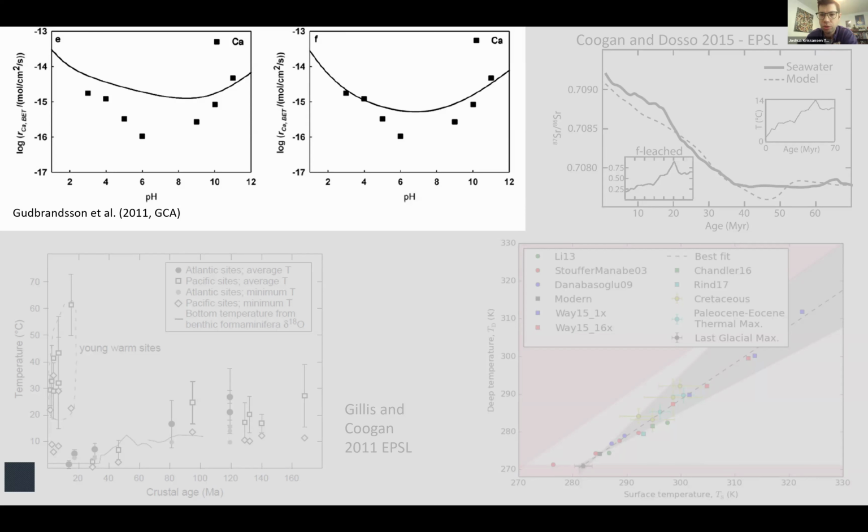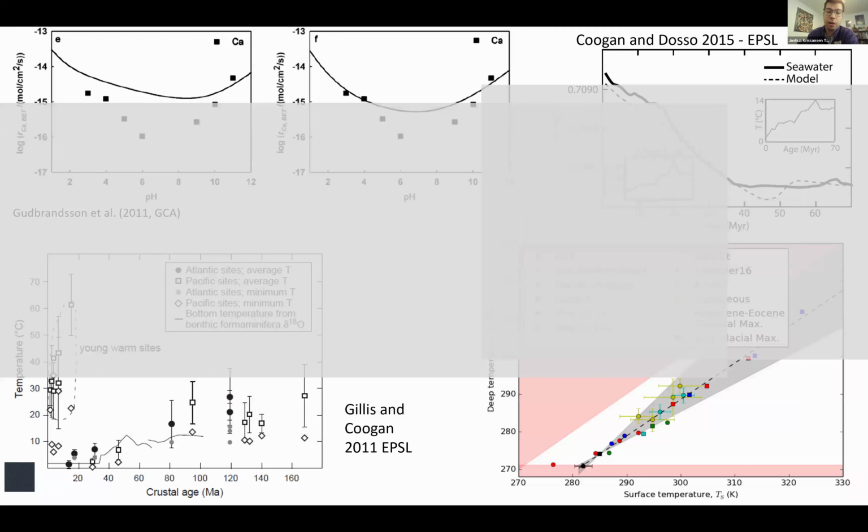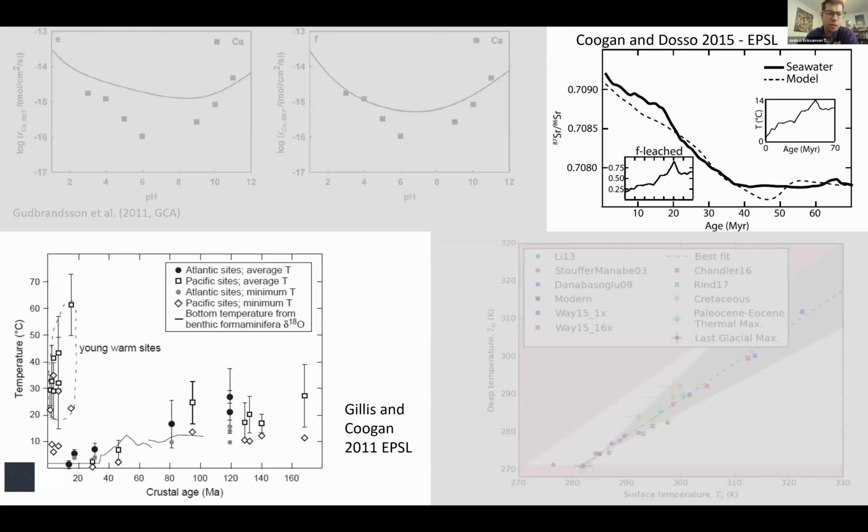You can also do experiments, but there's also really interesting data going back the last 100 million years or so, where you can infer a temperature dependence of seafloor weathering from observed changes in bottom water temperature, the corresponding changes in carbon content of oceanic crust, and various other isotopic proxies. By fitting that, you can infer a temperature dependence.